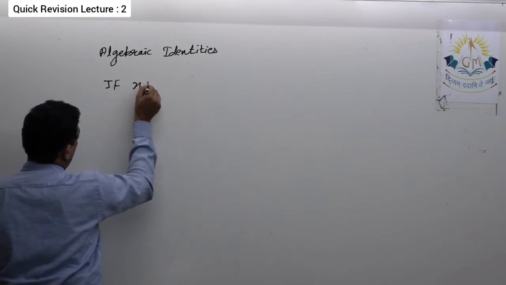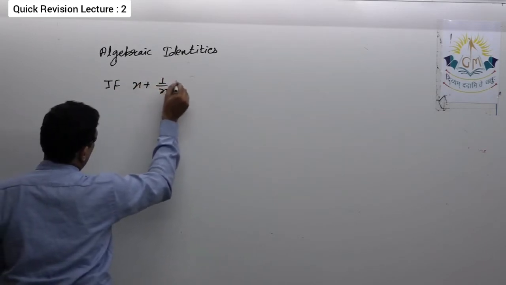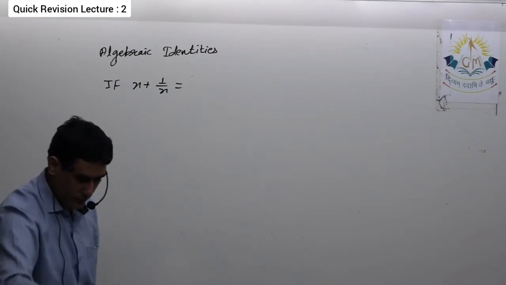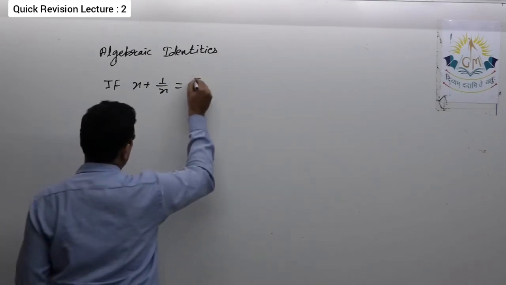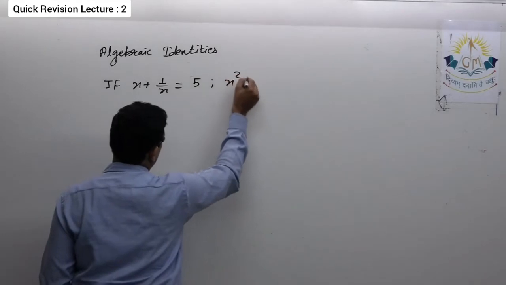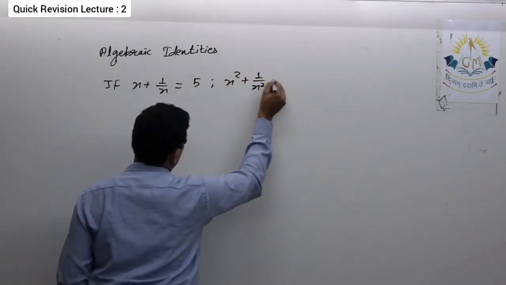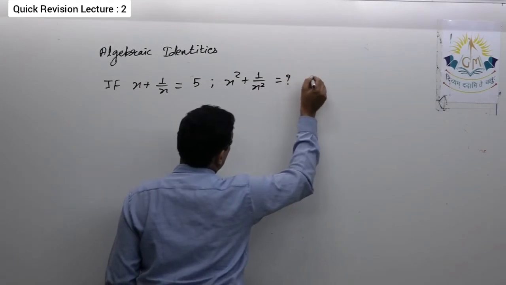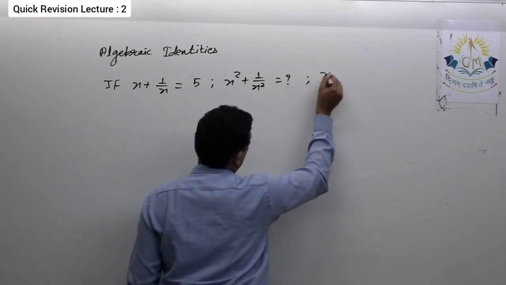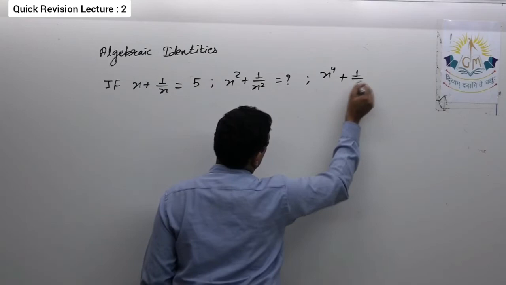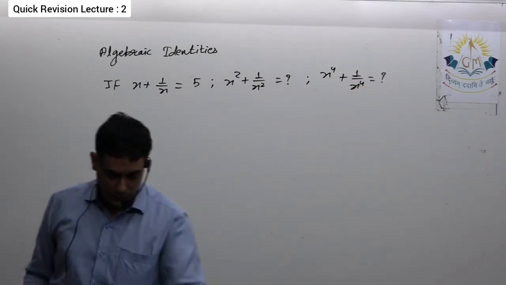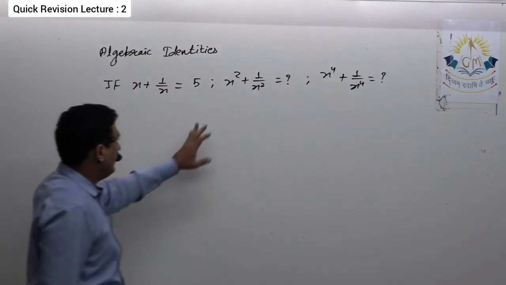If x plus 1 upon x is equal to 5, then x square plus 1 upon x square is equal to what? Also, x raised to 4 plus 1 upon x raised to 4 is equal to what? Okay, x plus 1 upon x is given, you have to find these two.